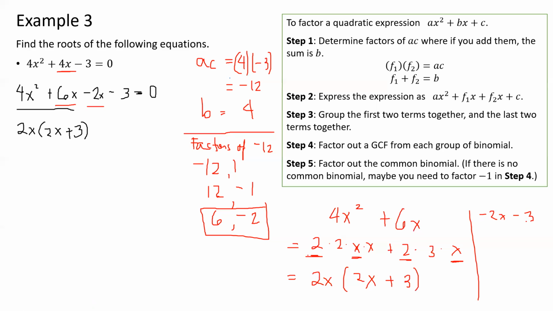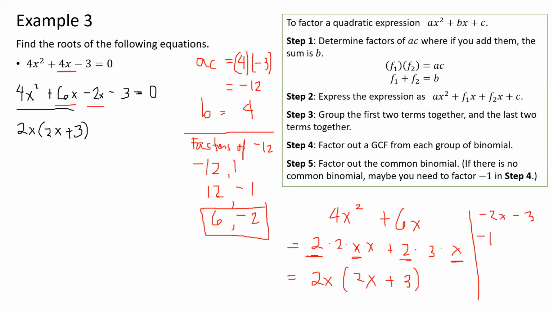When we look at the 2 and 3, those are already prime, and for x, there are no common factors. However, we want to have 2x plus 3 as the common binomial for step 4. So in this case, we want to factor out negative 1.